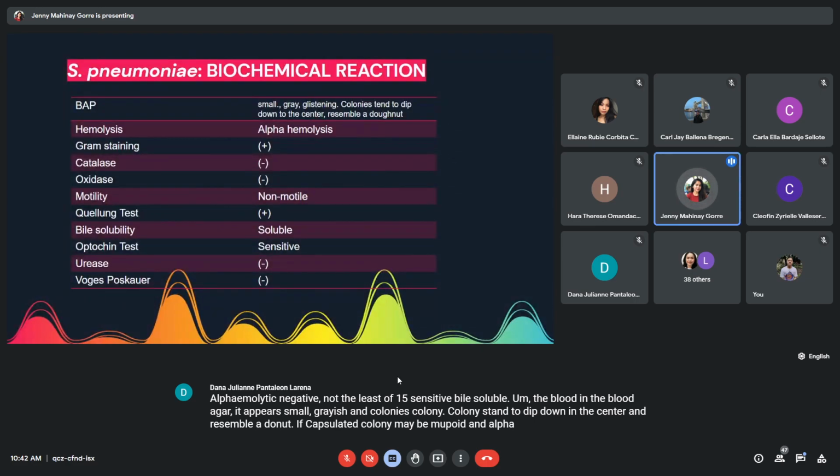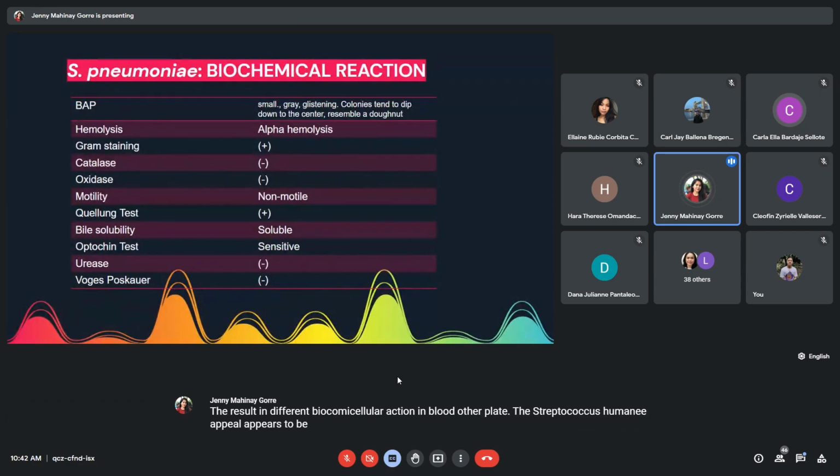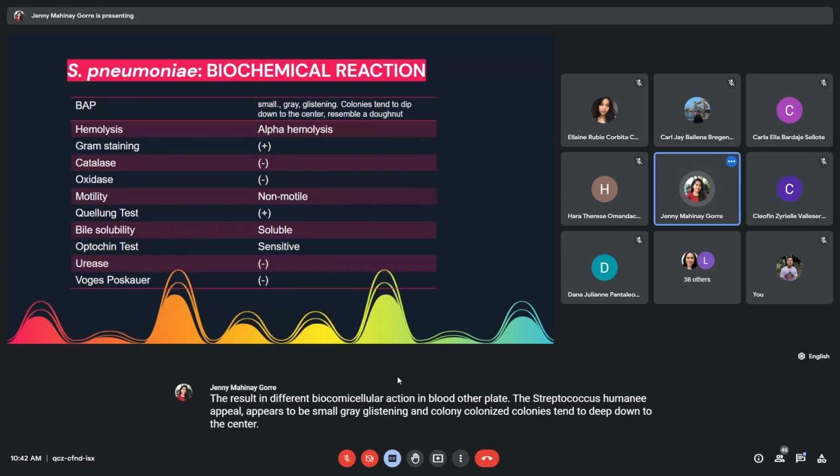So the result in different biochemical reactions: in blood agar plate, the Streptococcus pneumoniae appears to be small, gray, glistening, and colonies tend to dip down to the center, resembling a donut.